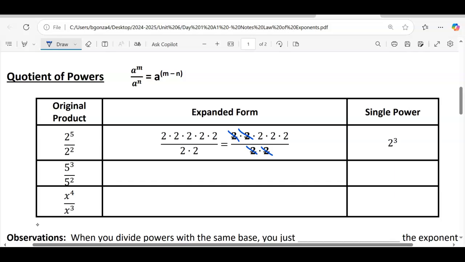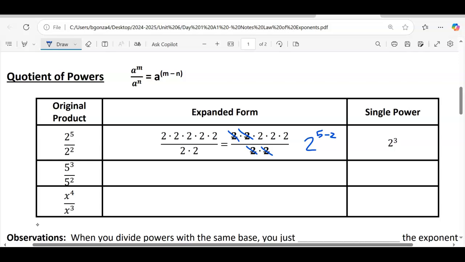And I'm left with just how many 2s? 1, 2, 3. 3 2s, 2 to the third power. So the way you think about it is same base being divided, subtract the exponents. 2 to the 5 minus 2 is 2 to the third power.